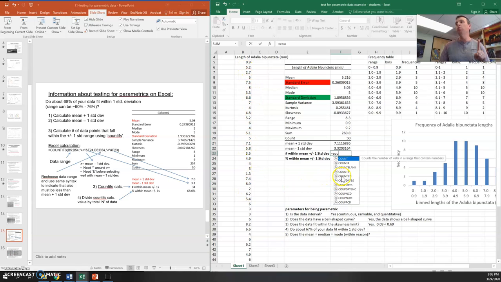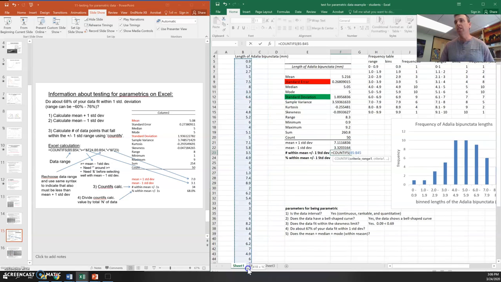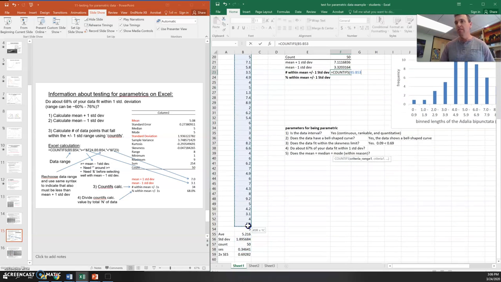But I have two criteria. I want to count it if it is above this number and below this number. By counting it if it's above this and below this, I'm counting if it's in the range of plus and minus 1 standard deviation. So how do I do that? I need to COUNTIFS in my criteria range. I need to count this data if.